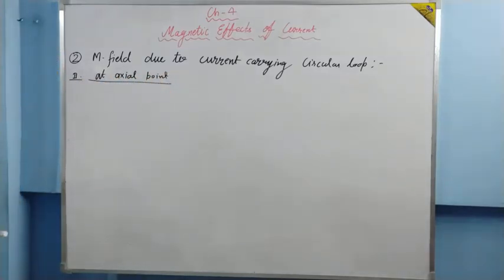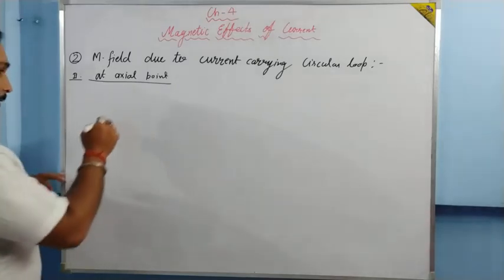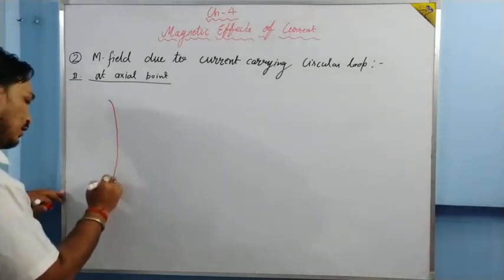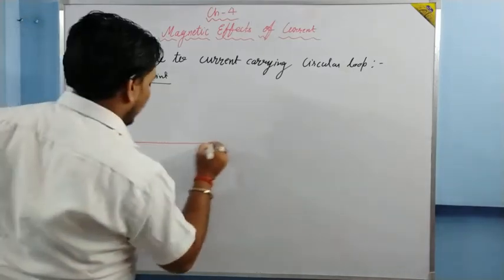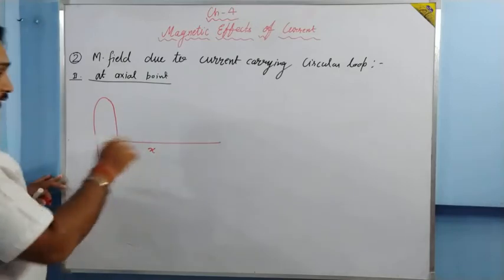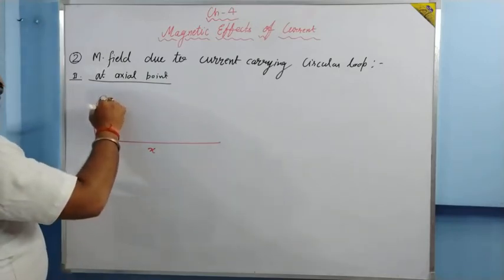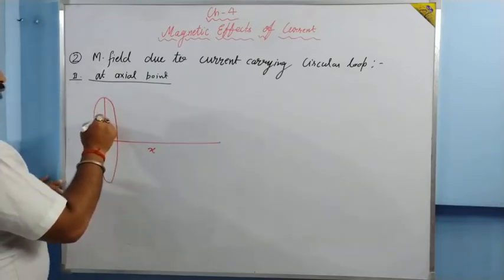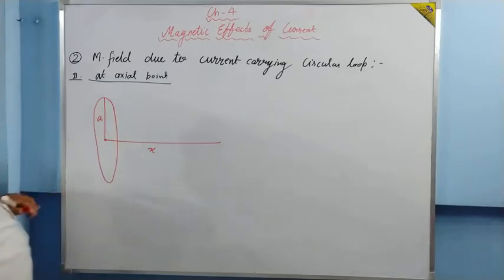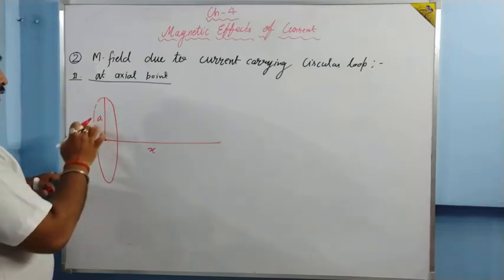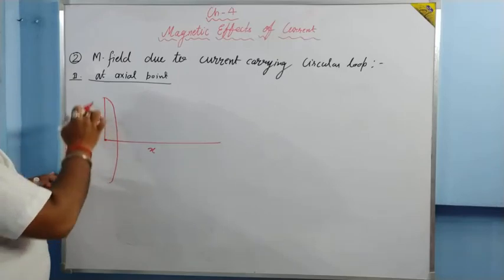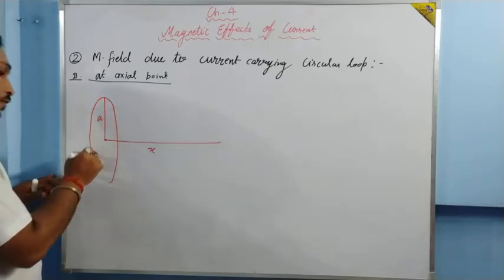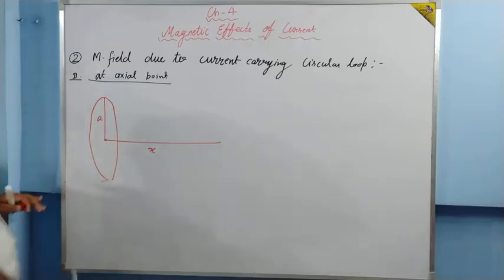Now, suppose a circular ring is there, and at a distance x from the center, let its radius be small a, or you can put small r, no matter. Let me make it dotted so that you can understand. Like this.